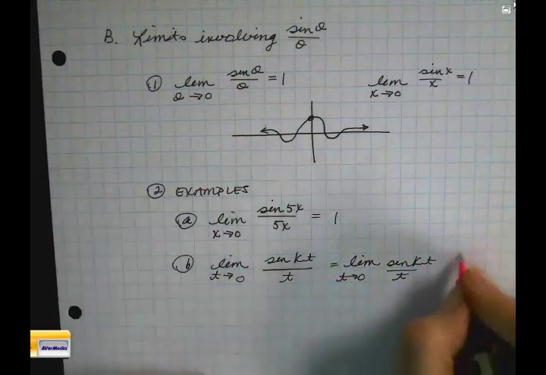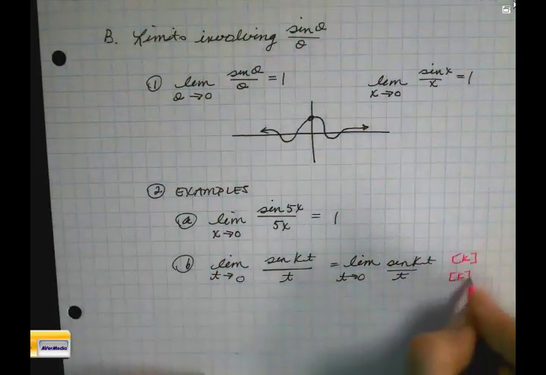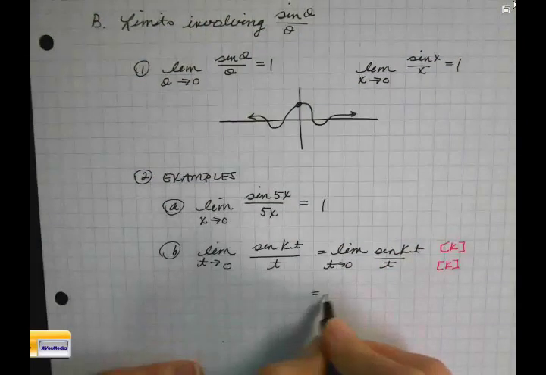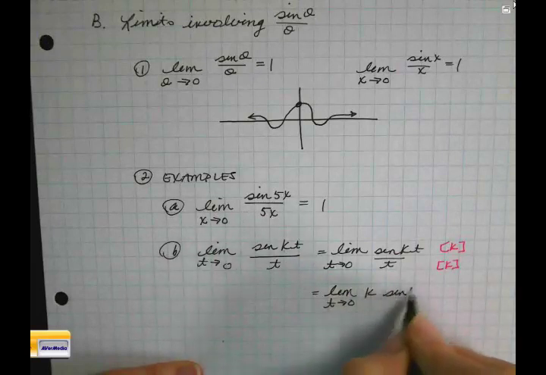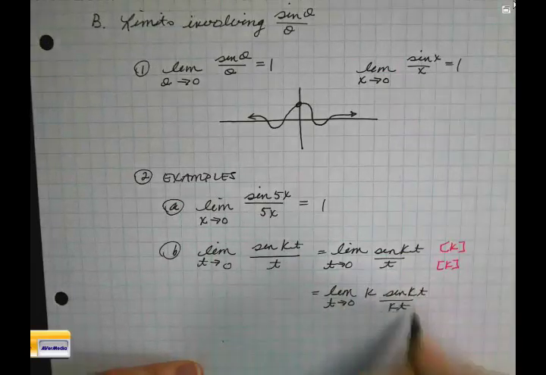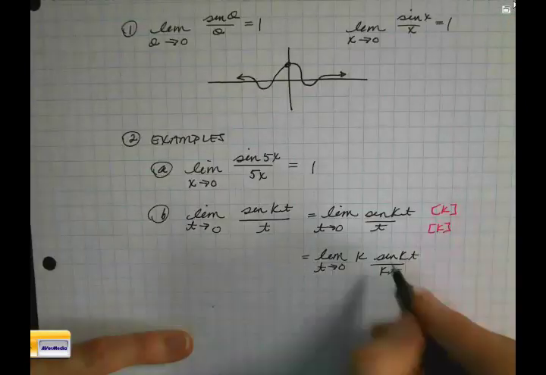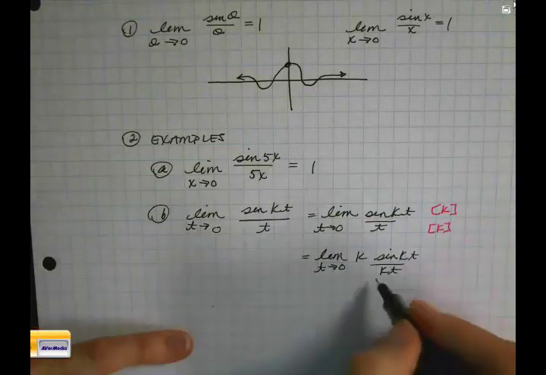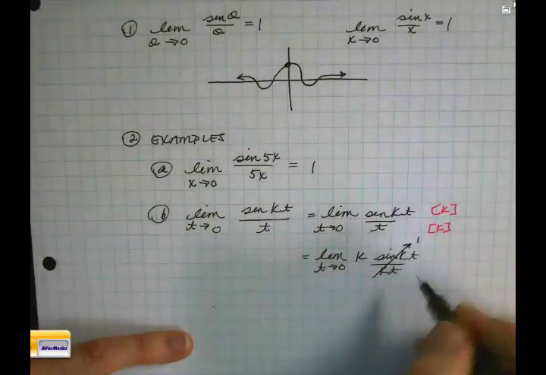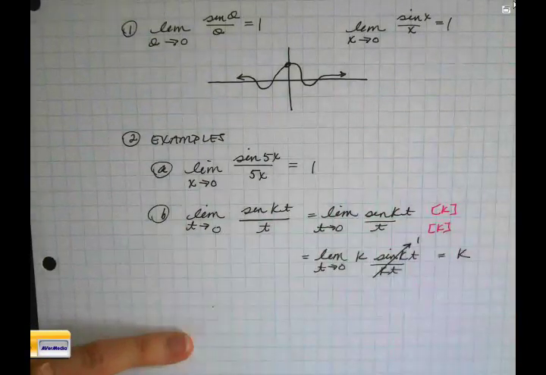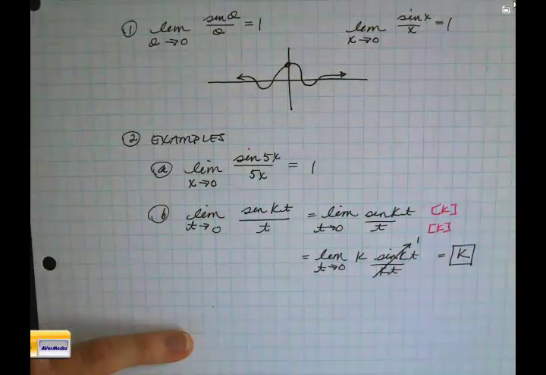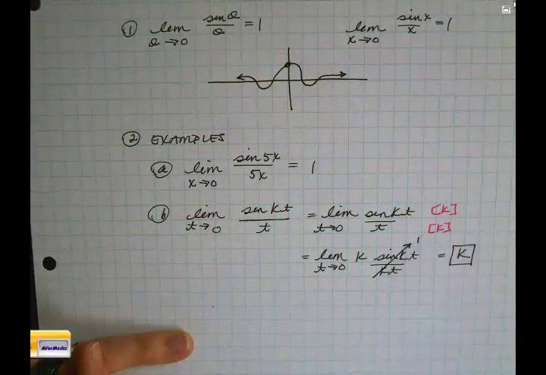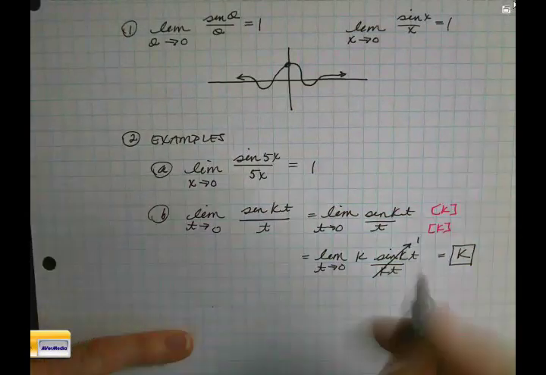So what I'm going to do is multiply the top times k and the bottom times k. Well, when you do that, you get the limit as t approaches 0 of k sine kt over kt. So therefore, this equals 1, and the limit of a constant is the constant, by those rules. Are we okay so far? Okay.